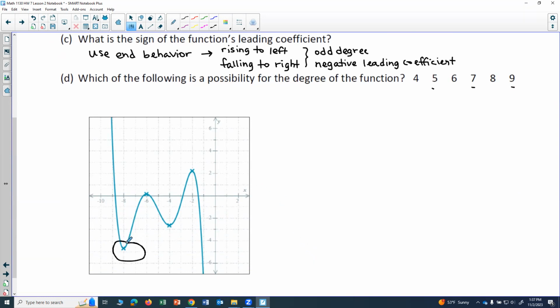So I look at the local extrema, there's 1, 2, 3, 4. So I have 4 local extrema. And so that tells me that it has to be degree 5 or higher.